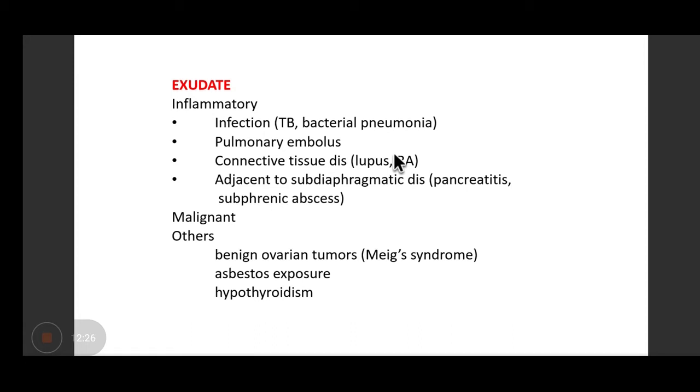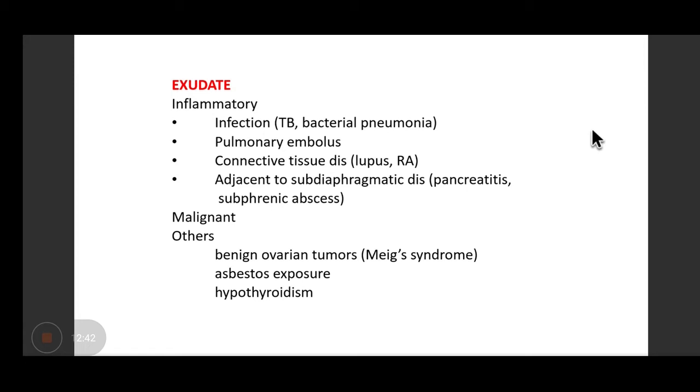Then other tumors like Meigs syndrome. What is Meigs syndrome? Can anybody tell me what is Meigs syndrome? Hi, can anybody tell me?